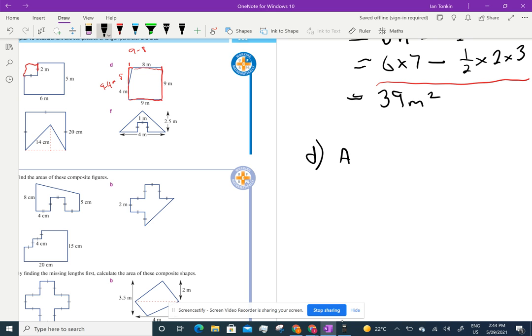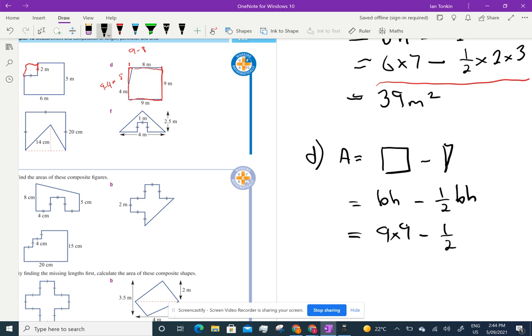The area equals the big square minus that tiny slither of a triangle. Well, square's BH, the triangle's a half BH. Well, the square is 9 times 9 and a half, and we worked out the sides. The base is 1 and the height is 5.